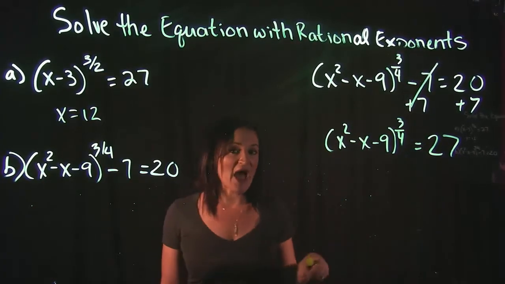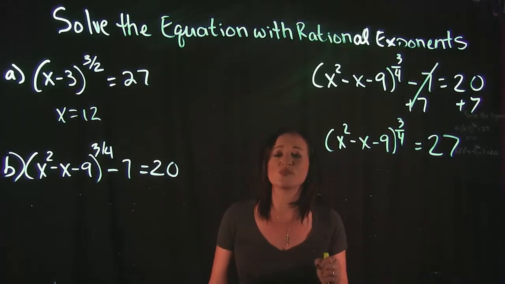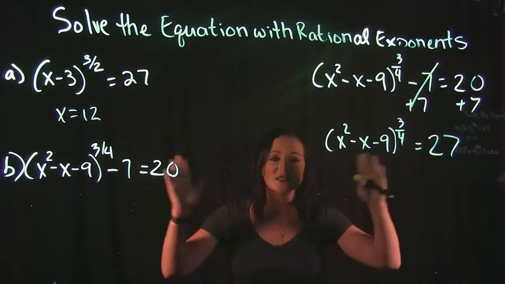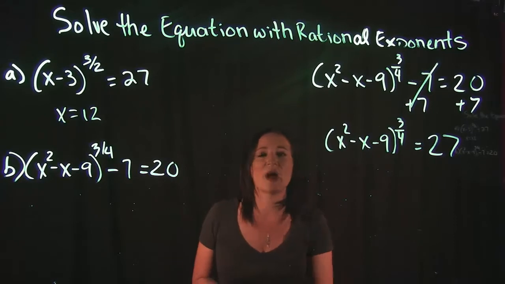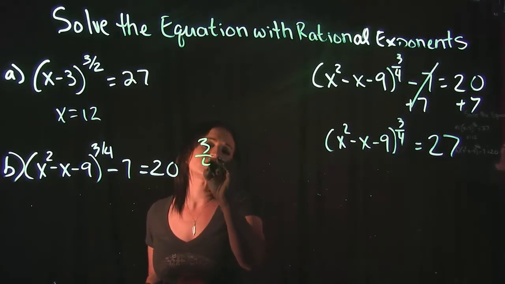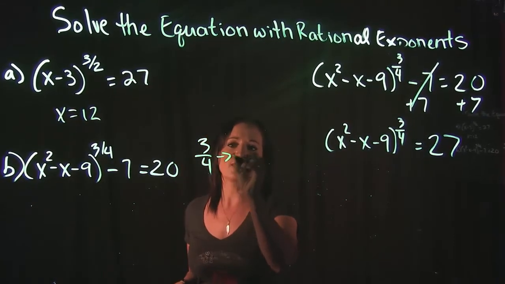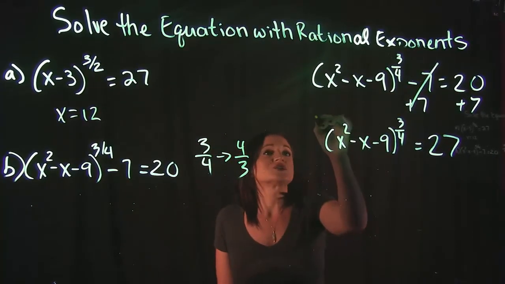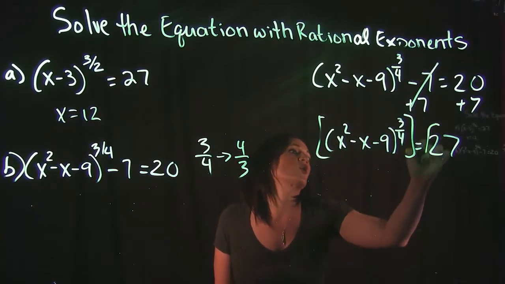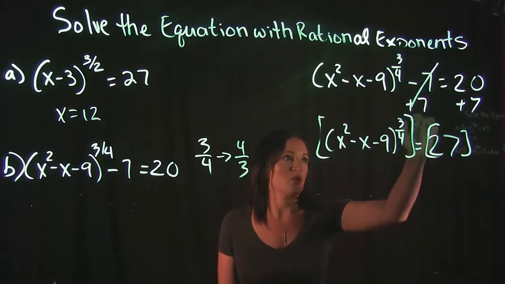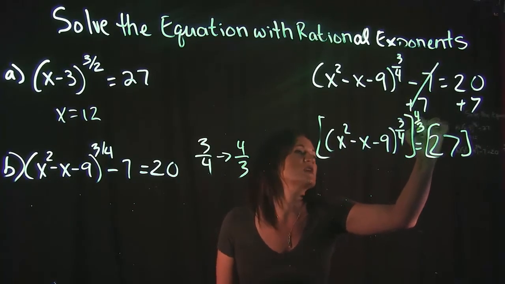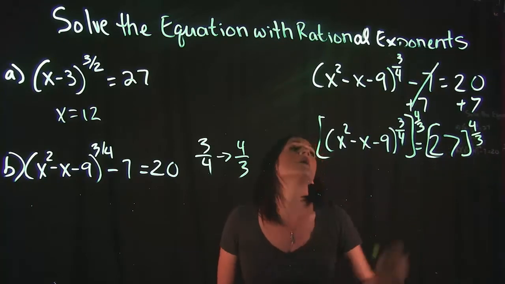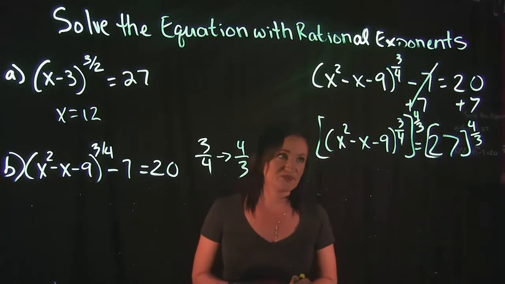Your next step after that is to take the reciprocal of the fraction and raise both sides of the equation by it. Here our fraction is 3/4. If we flip that fraction around, we get 4/3. So that is what we are going to use as our exponent. We are going to raise both sides of the equation by 4/3.